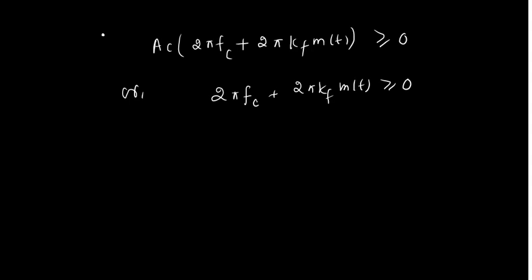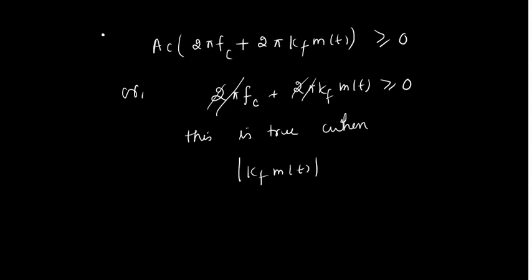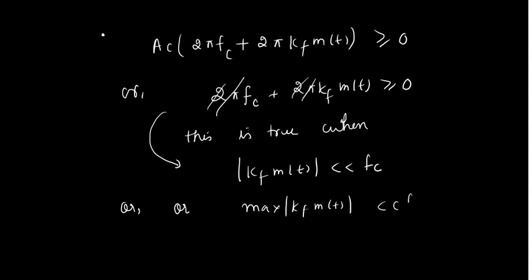This is true when the mod of k f m(t) is always less than or equal to fc. This is very easy to verify, and we have discussed it in detail in the class, so I am skipping those details. So, you can see that this is true when the max of k f m(t) is less than or equal to fc, and this is nothing but the max frequency deviation.